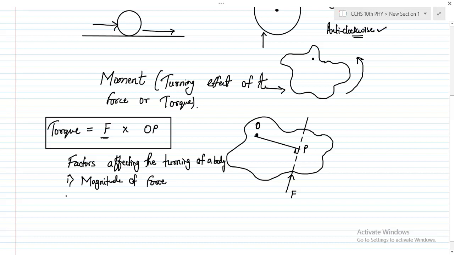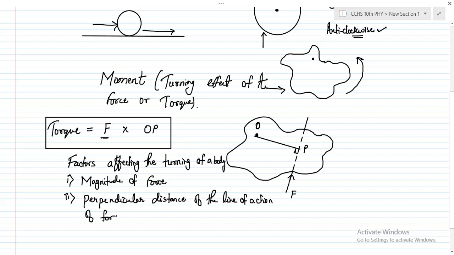And number 2, it depends on the perpendicular distance of the line of action of force from the pivoted point, or you can say the axis of rotation.